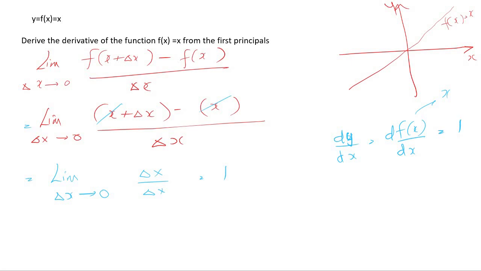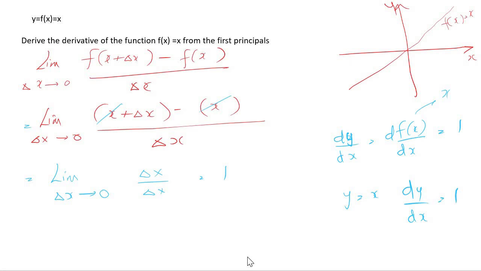When f(x) equals x, the derivative is equal to 1. So we write: when y is equal to x, dy over dx is equal to 1.